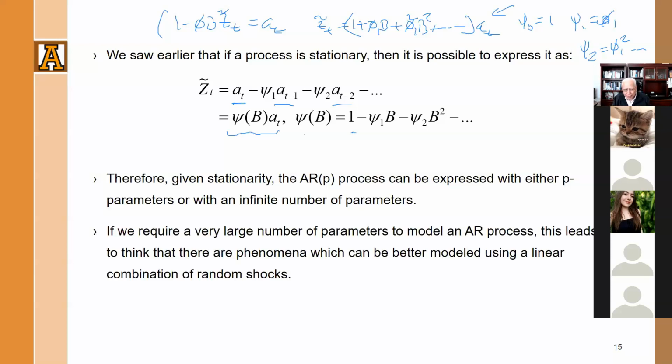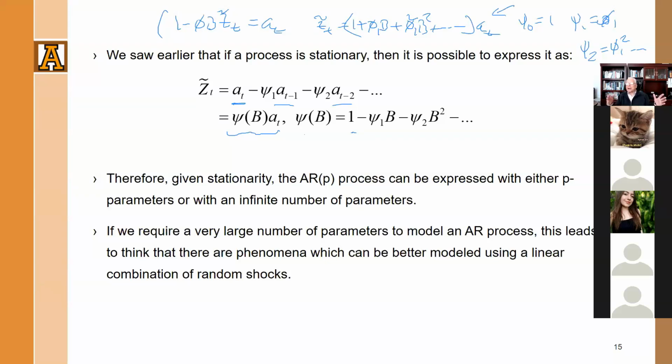However, if we require a very large p, then there's an alternative, and that leads us to phenomena that can be represented better by using a linear combination of random shocks, and that leads us to the moving average processes.